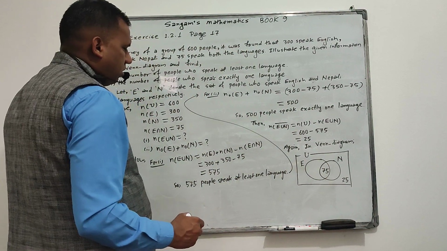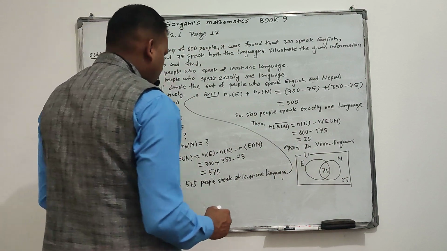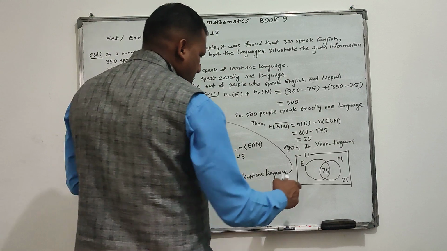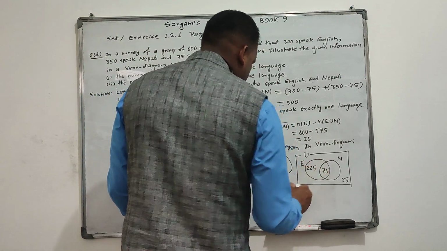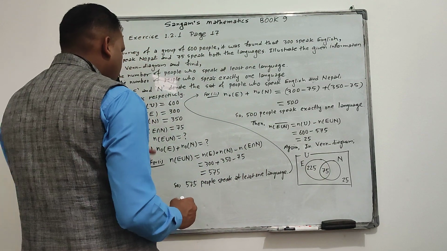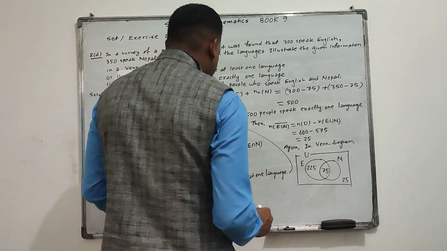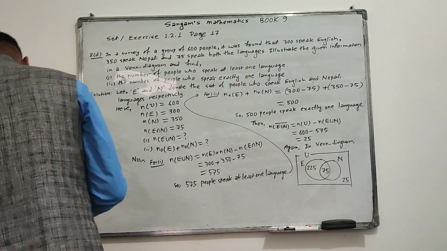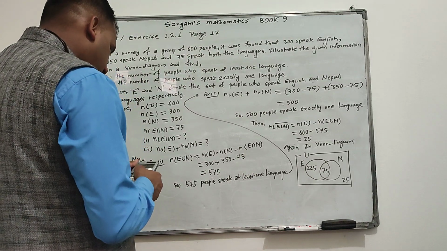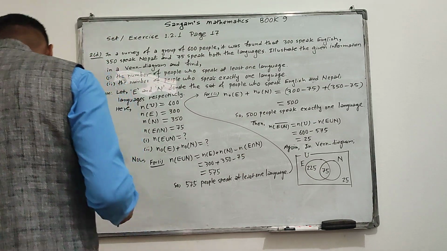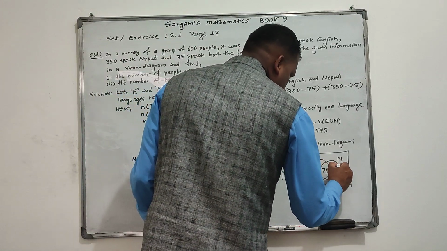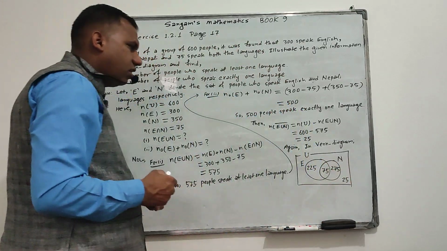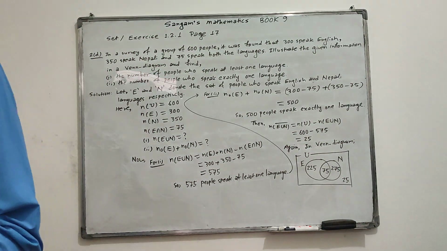Who speak English only, that is 300 minus 75, that is 225. Who speak Nepali only, that is 350 minus 75, that is 275. This is the required Venn diagram.